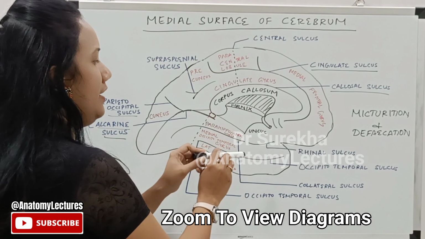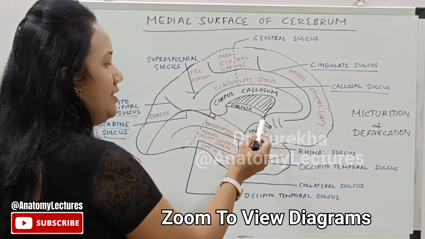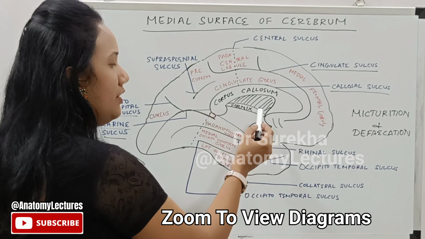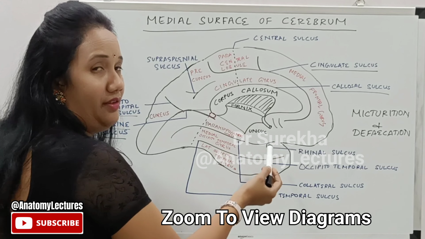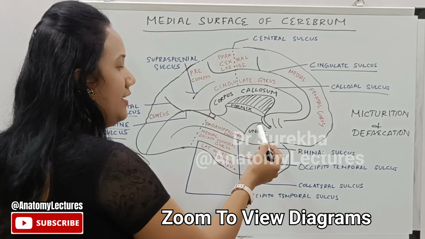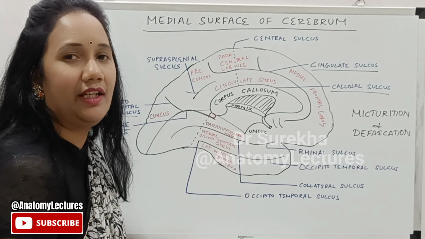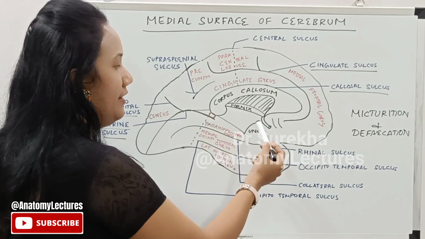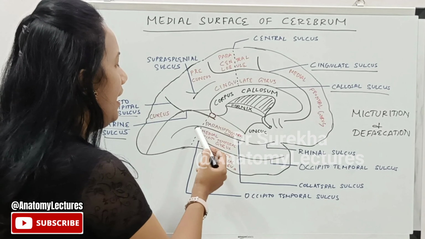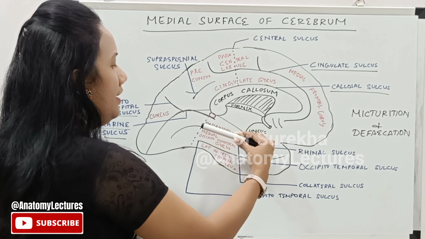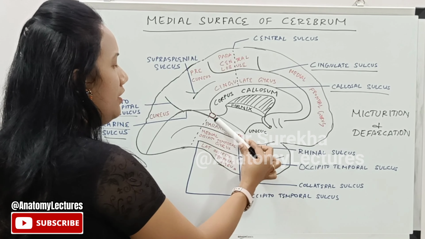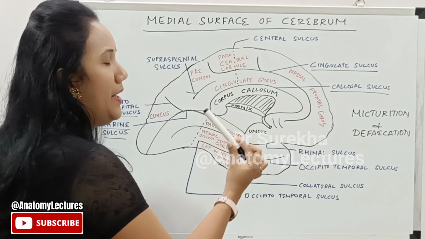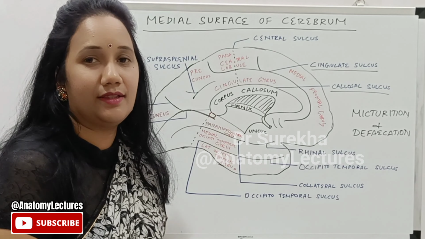The part of the cerebral hemisphere which is present in front of, above the rhinal sulcus is called the olfactory area, and it is related to the uncus. The part of the cerebral cortex above this collateral sulcus is called the parahippocampal gyrus.